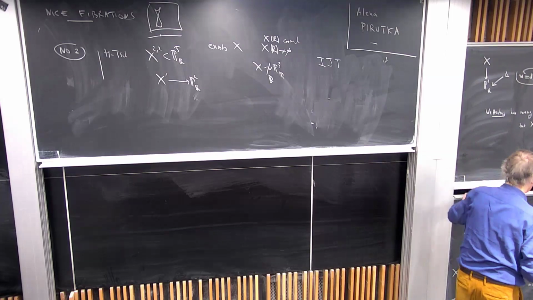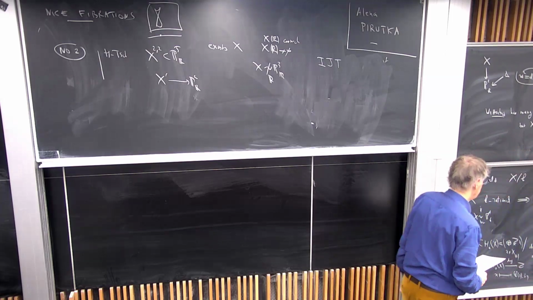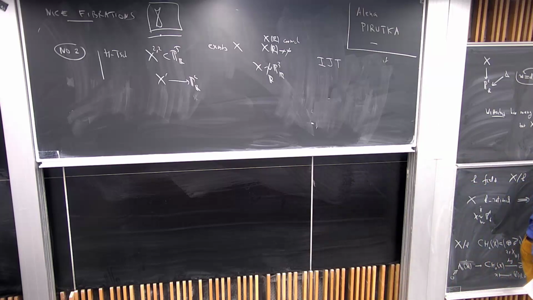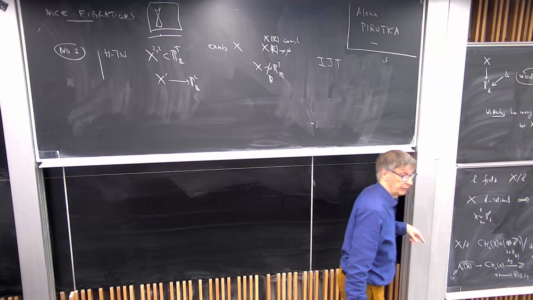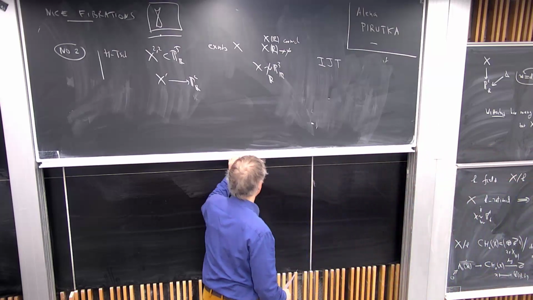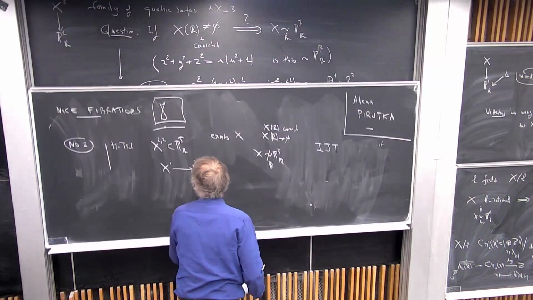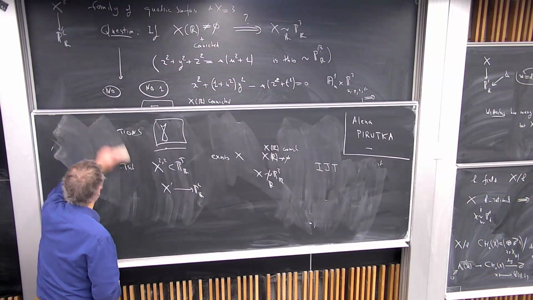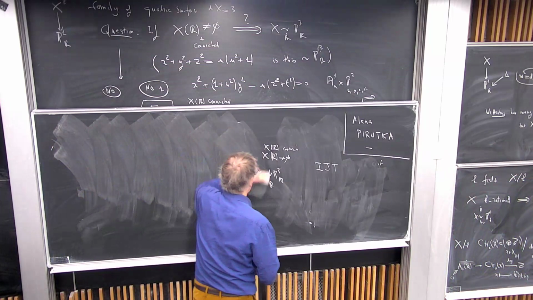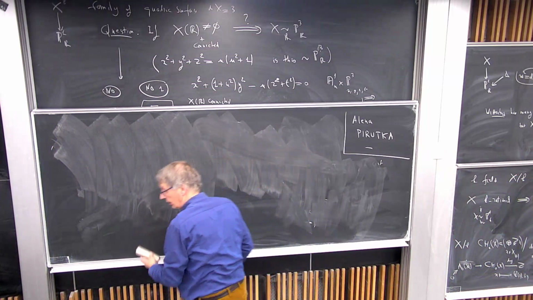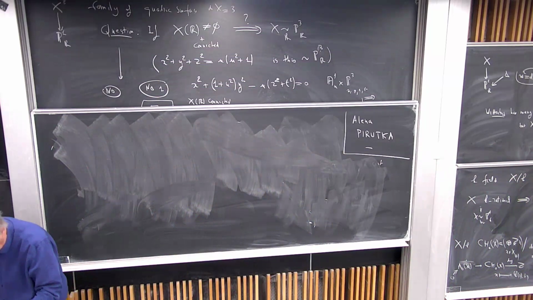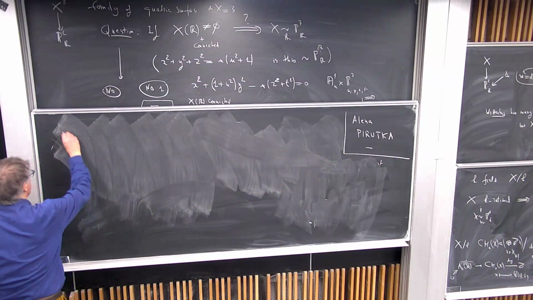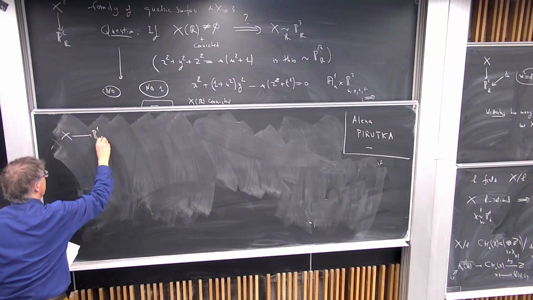Now, what we started with Elena was to try to understand this A0 of X for quadric bundles over P1. Okay, and because time is so short, suppose X to P1 is a nice fibration.